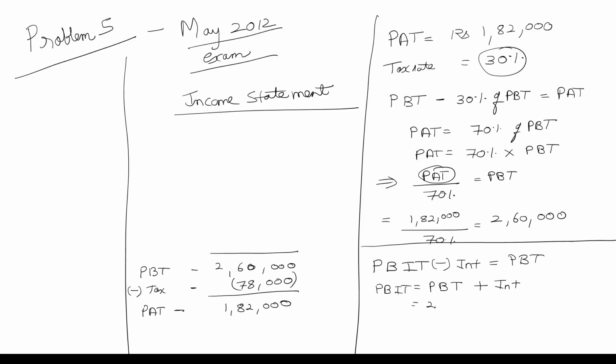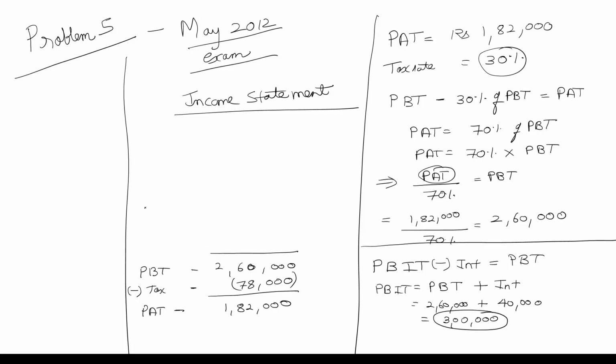This is 2,60,000. And interest is something that I can calculate looking at the first table in the question. I have 4 lakhs as the debt value, and this is at a rate of 10%. So if I apply 10% on 4 lakhs, I get 40,000. So 2,60,000 plus 40,000 gives me PBIT of 3 lakhs.